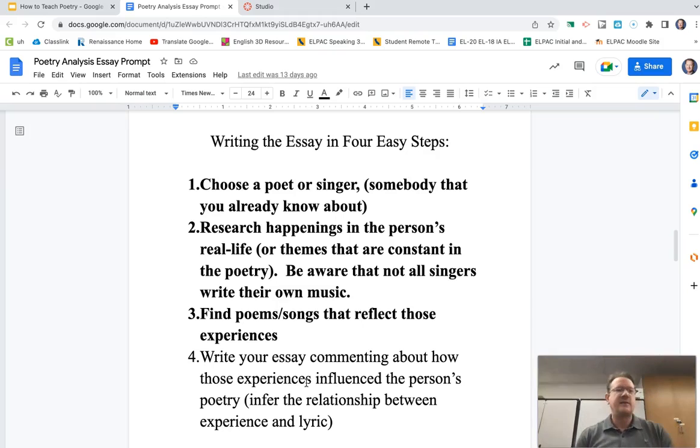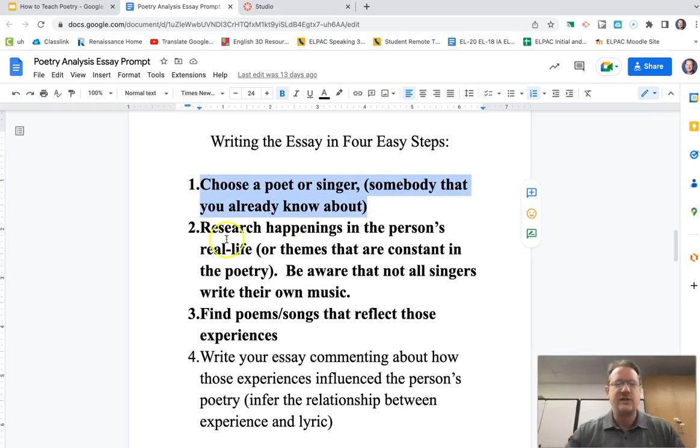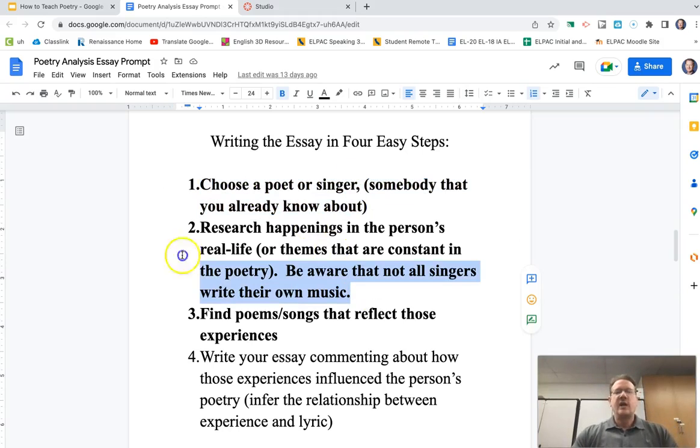So as I always tell the students, as long as they do their best at the analysis part, they'll do okay grade-wise. So here's the essay in 4 simple steps. First, the students need to choose a poet or a singer, somebody that they already know about. It makes it so much easier. Research the happenings in that person's real life or themes that are constant throughout their poetry. I'll give you examples later on. And beware that not all singers write their own music.